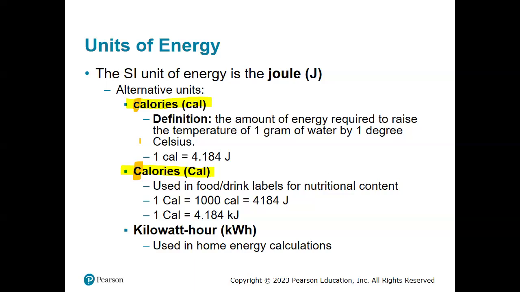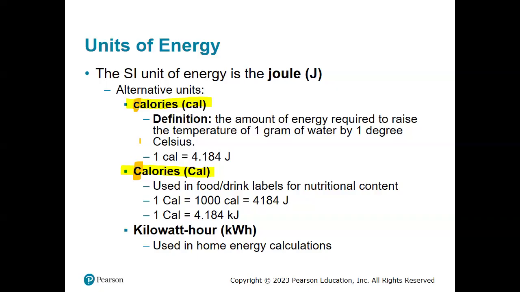Kilocalories, or capital C calories, are the calories that we put on nutrition labels and on food facts. They tell us how many calories there are in our favorite brand of soda, or in our favorite energy bar, or in our cereal, or whatever.